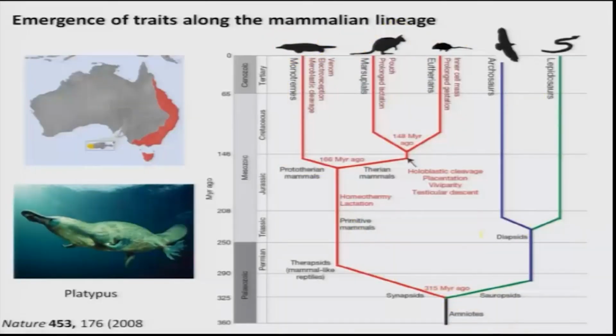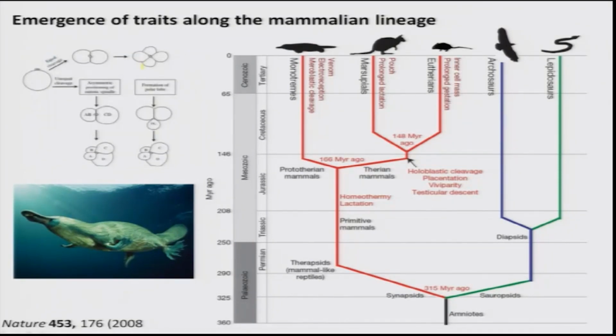When they sequenced the genome, altogether you found this kind of a lineage, which was unexpected. That's what it is. This platypus lives in the eastern part of Australia. So this is the region that you find platypus, not in other parts, right? And what is unique about the platypus is the way the fertilized egg grows.